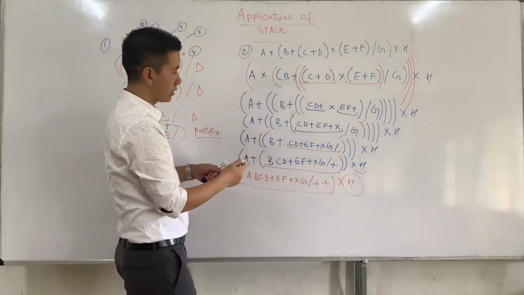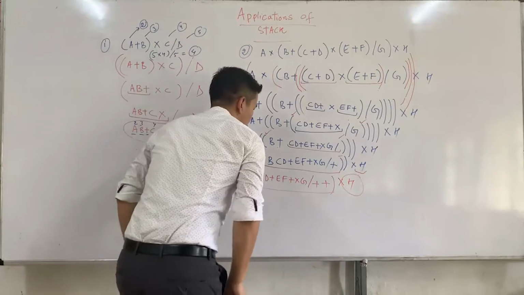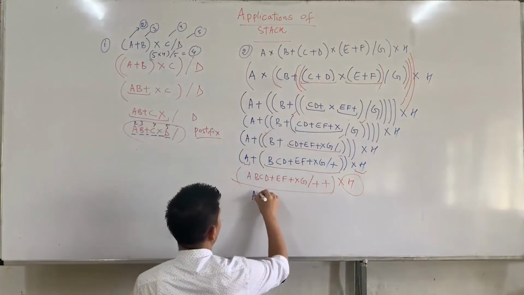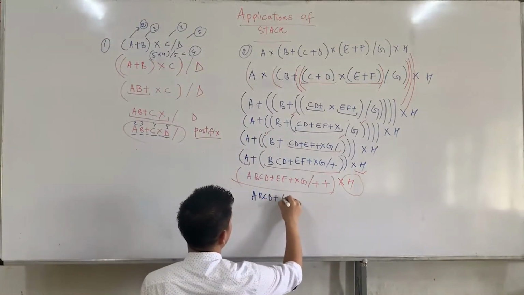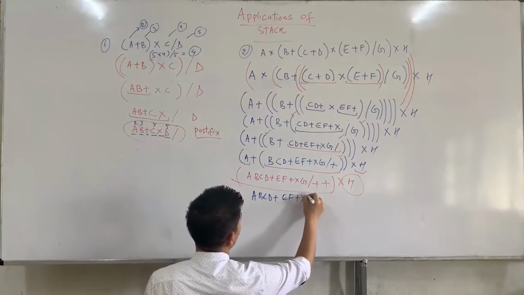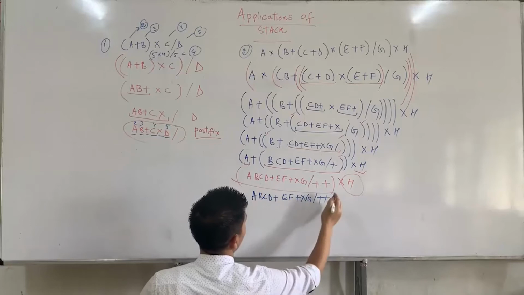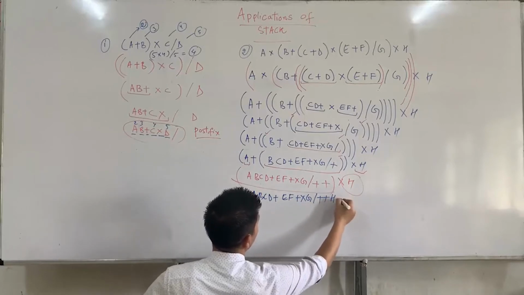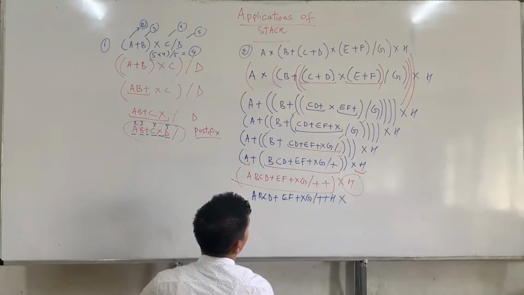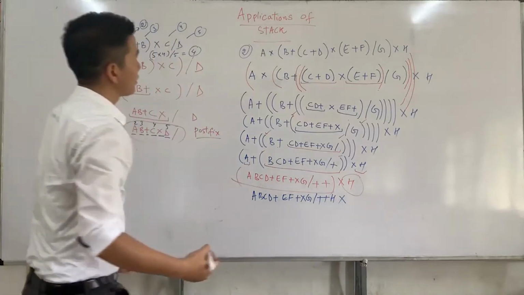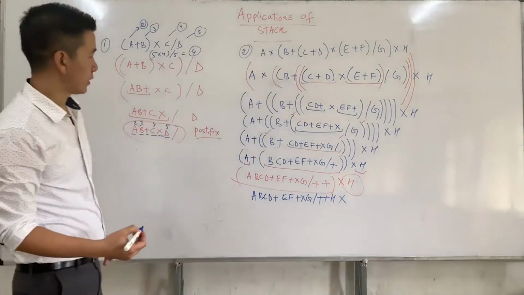How do you convert this? It's very simple, right? A, B, C, D plus E, F plus into G plus plus. This is the first operand, and then you have H, and then finally you have into. So this is how you actually convert.